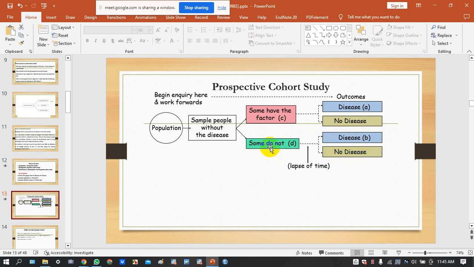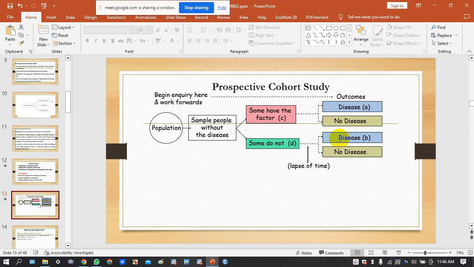Some did not smoke, did not take in alcohol, did not eat late in the night, and they didn't develop the condition. But some did not do all these things, but they were unlucky and they still developed heart problems, diabetes, lung cancer from other causes which our study was not able to find out. So that is a prospective study.